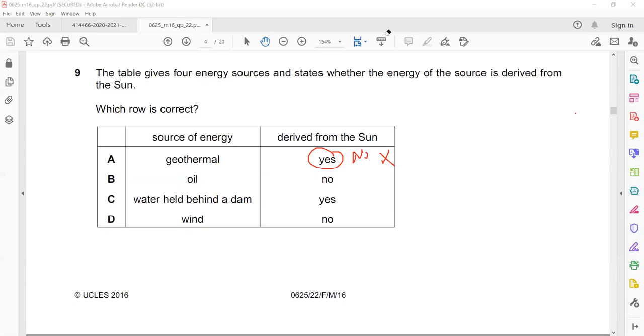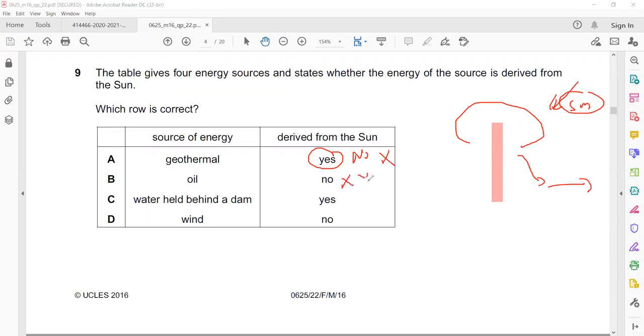Because when a plant is there, it absorbs energy from the sun, and an animal eats this plant and then that animal is eaten by another animal, carnivores, so all these are getting energy from the sun. And when this plant decays, not completely turning into fossil, that results in the formation of oil. So oil is derived from the sun.